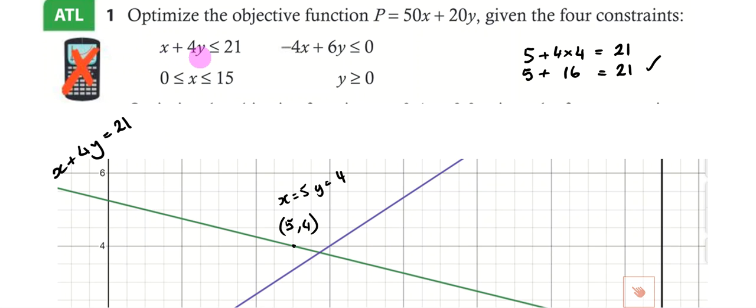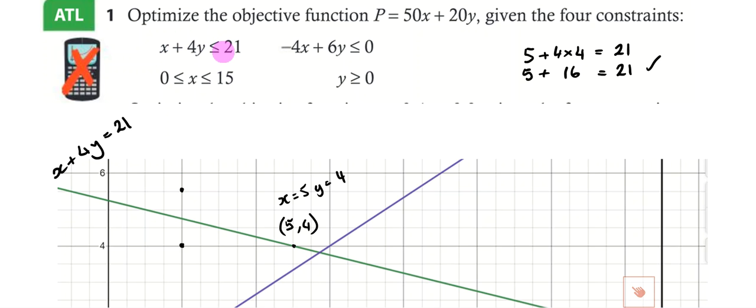Well, x plus 4y equals 21 is the green line. So I've got points that are above the line and points that are below the line. One of them will be less than 21, the other greater than 21. It seems to make sense that if I pick above it, it's going to be greater than 21, because if x stays the same but y gets bigger, it's going to end up bigger than 21.